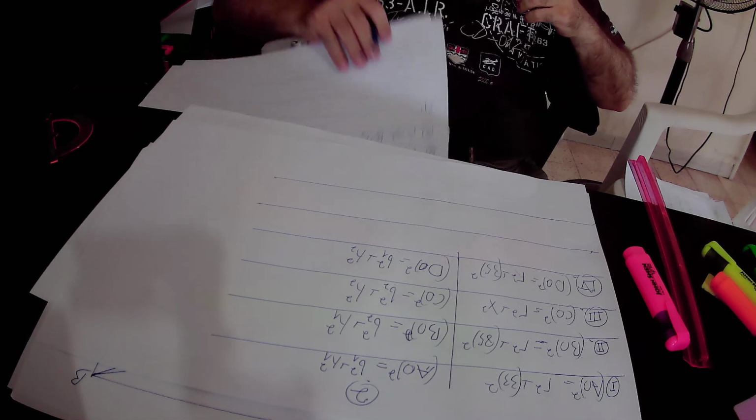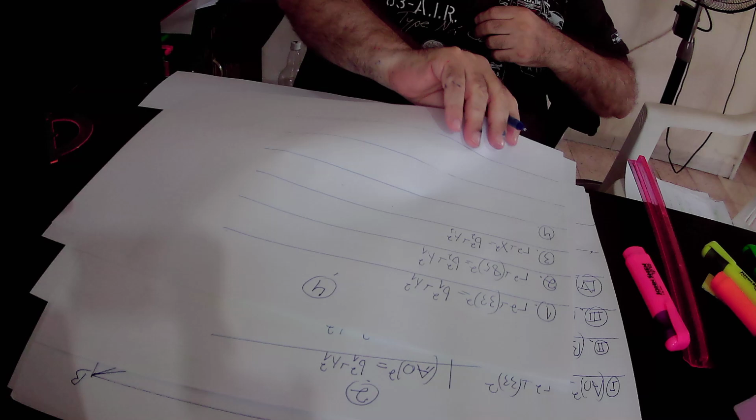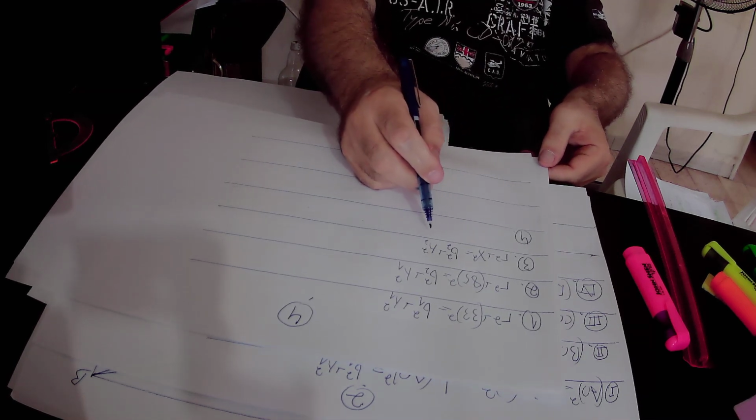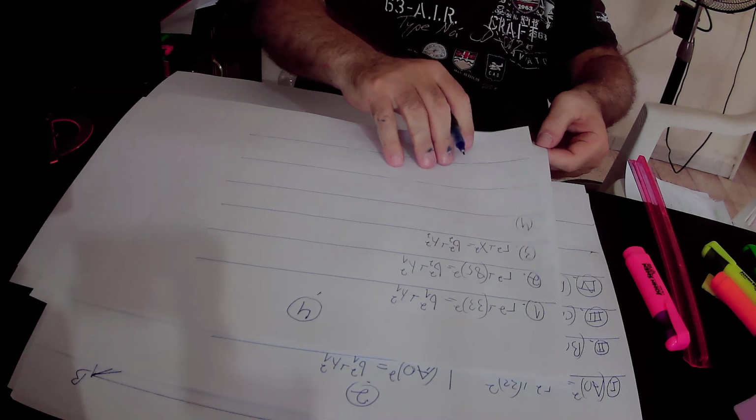So according to equation number 3, R squared plus X squared equals B2 squared plus H2 squared.